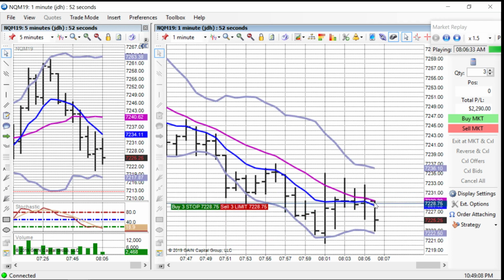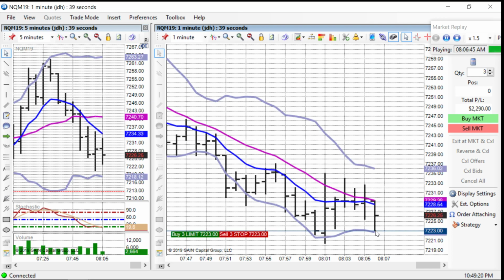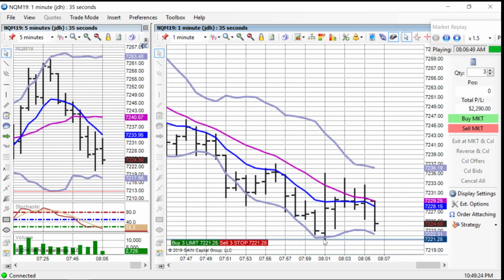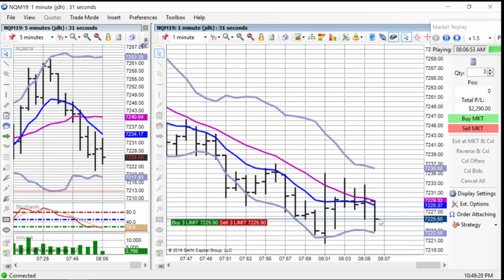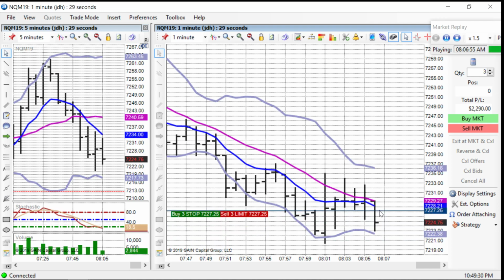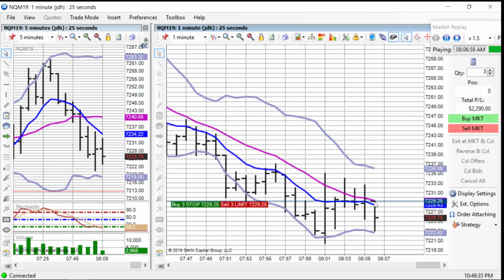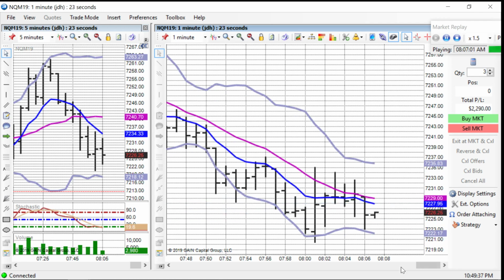I think at the breakout of this high on the 1-minute chart of this previous bar right here, if it opens up leaving that fractal right here at 806, that would be a 1, 2, 3, and so a higher low here will be confirmed as it breaks above that resistance of this bar here.